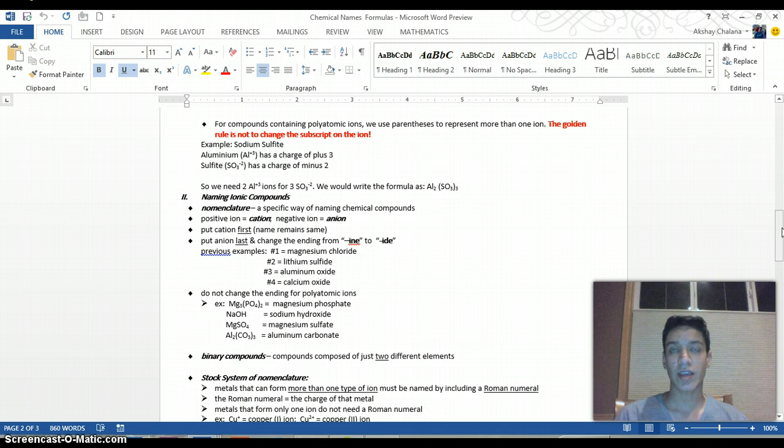And no matter how many of these atoms there are, it is just a single name of it, unlike covalent formulas, which are different. The anion is last, and once again, it does not indicate the number of atoms. It simply indicates the atom. And instead of having the ene at the end, it is ide. For example, chlorine becomes chloride, oxygen becomes oxide.